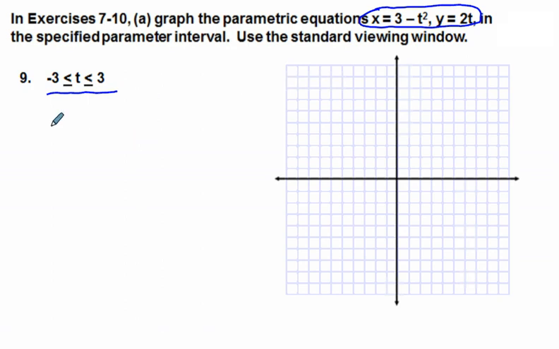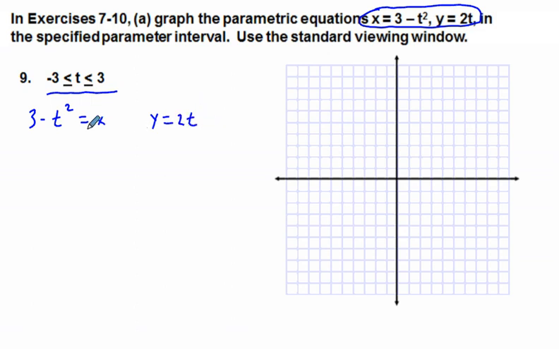And to do that, I'm going to just rewrite these equations here. We have 3 minus t squared equals x. And then we have y equals 2t.